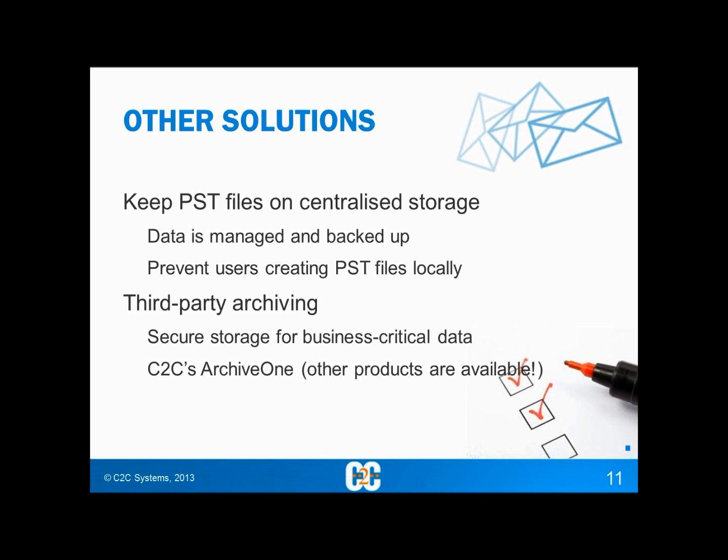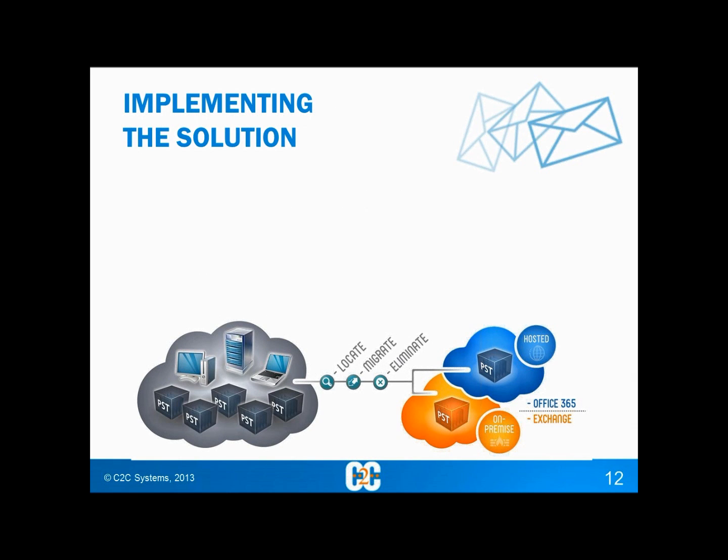But as I said, you have to get from where you are now to where you want to be. So what I want to talk about now is how we actually implement the solution, whichever solution you've chosen. So if you've chosen to move to Office 365, to use the in-place archives, whether you've chosen to use network storage, or a third-party archiving solution, you still need to firstly locate all those PST files.